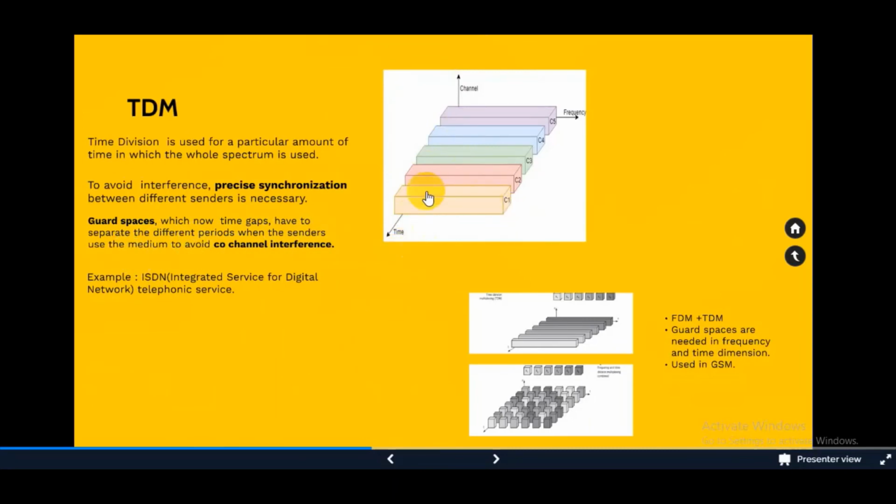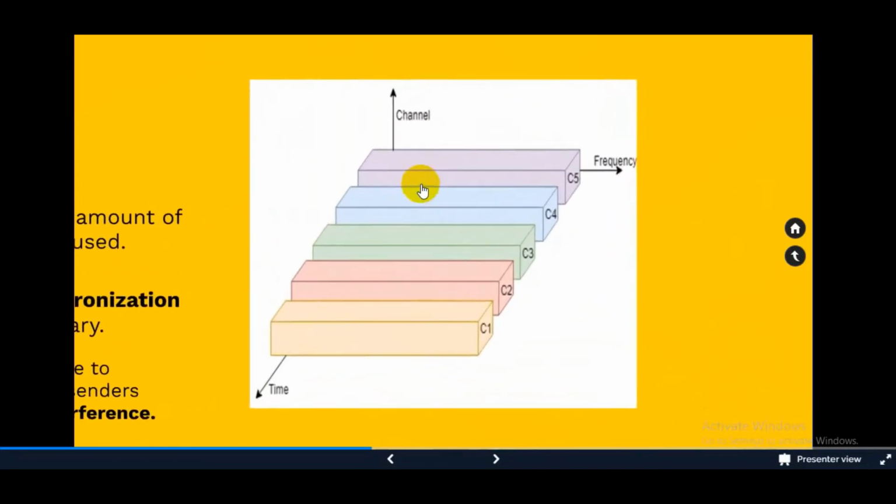So it is the time slot that each channel is going to get in order to transmit its data. One important thing is that in order to avoid any kind of interference, precise synchronization between different senders is necessary. So synchronization here is very essential, not only with regard to the different senders.